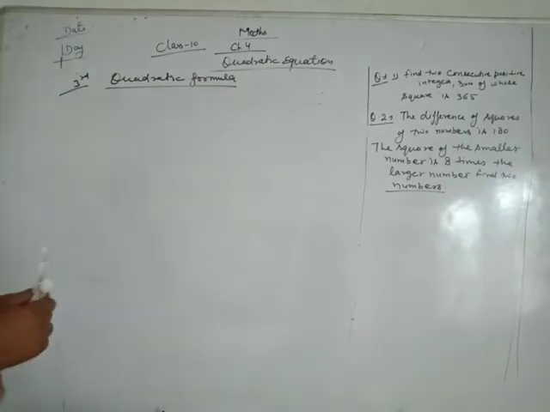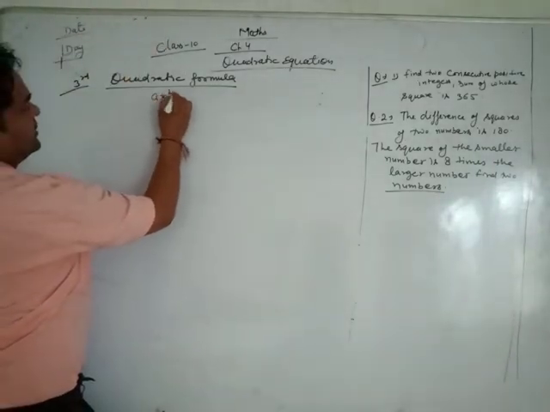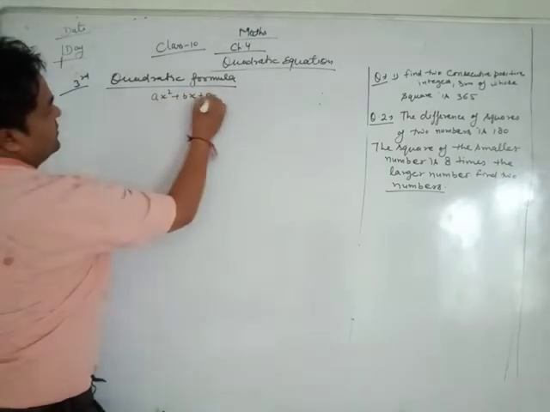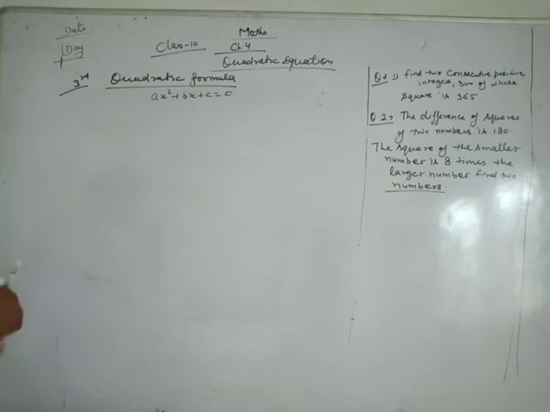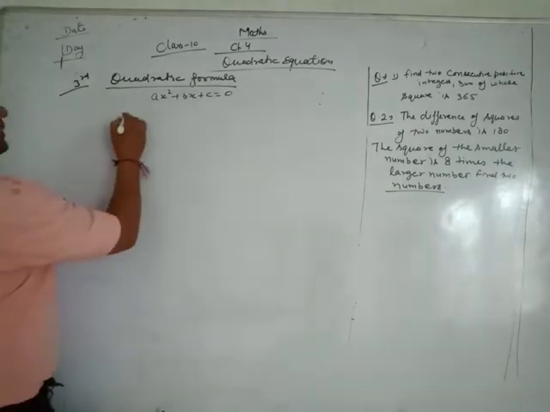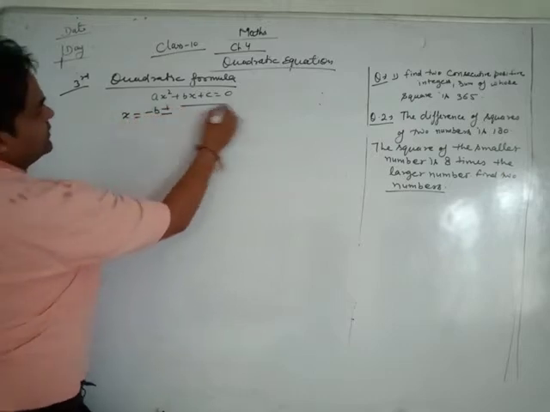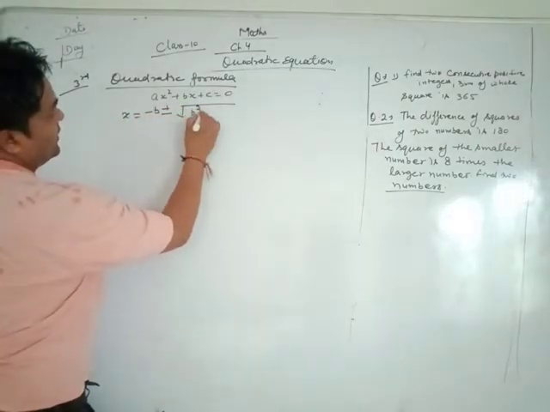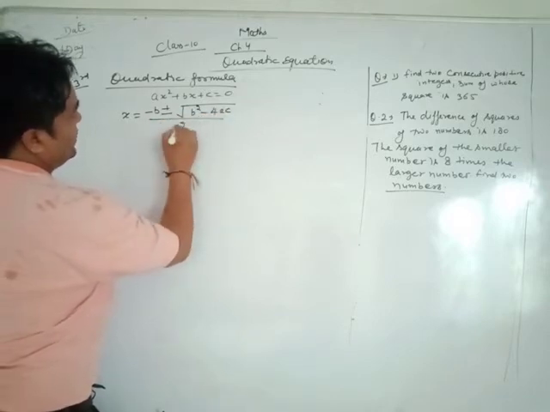So simply, if we are given a quadratic equation, then we write the formula of the quadratic: x equal to minus b plus minus root b square minus 4ac, all by 2a.